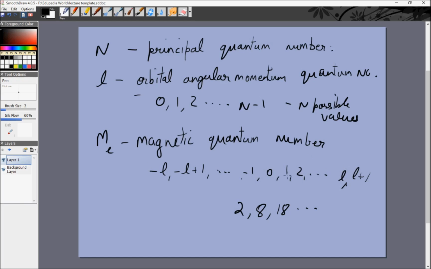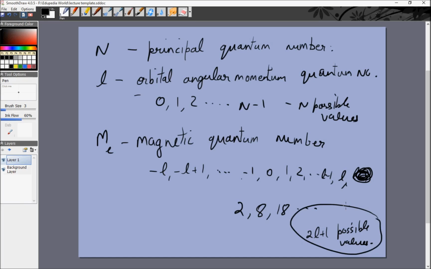So there are a total of 2L plus 1 possible values. Sorry, it doesn't go to L plus 1, this just goes to L. From minus L to L, the one before that would be L minus 1. So there are 2L plus 1 possible values.